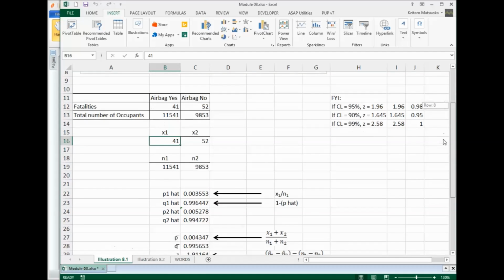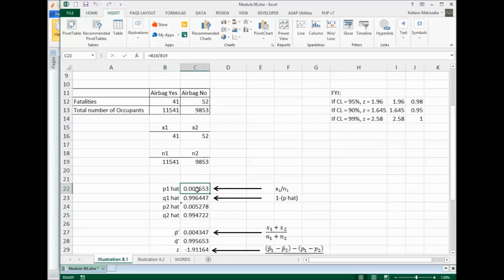So I want to calculate the p hat. And the formula for that is x1 divided by n1 using these two numbers. And q hat is 1 minus p hat, so 1 minus the one number above. And I do the same thing for p2 hat, these two numbers. And then calculate the q2 hat subtracting from 1.